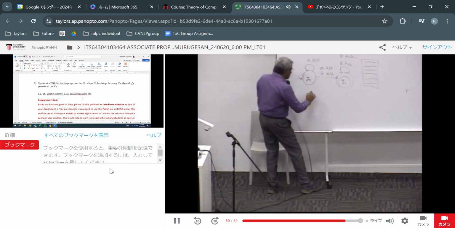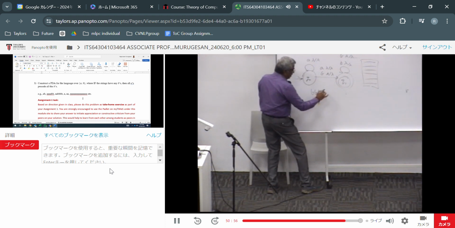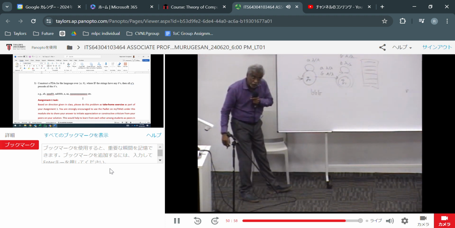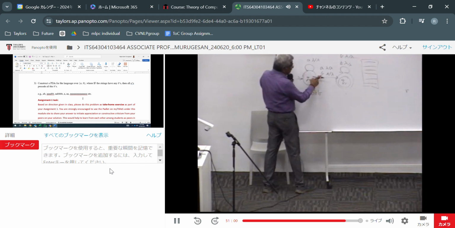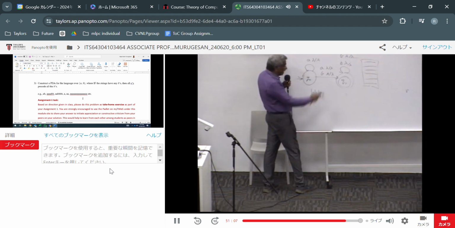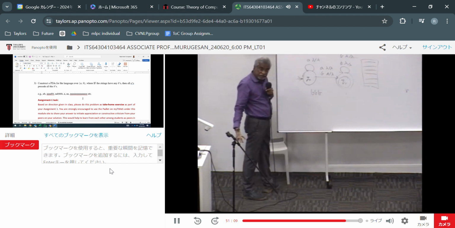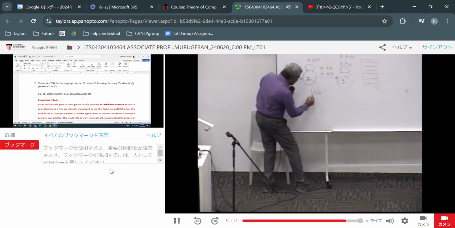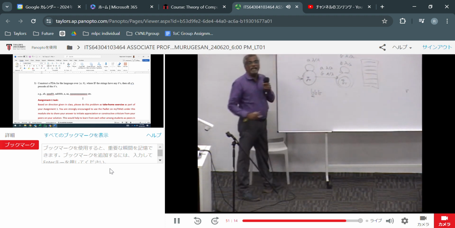So what happens if you give purely a string with B's? It is invalid, correct? If you give a B, the instruction says B means read A, write lambda. Your stack is already empty. We cannot pop an A from an empty stack. So any string that you start with B is an invalid string.